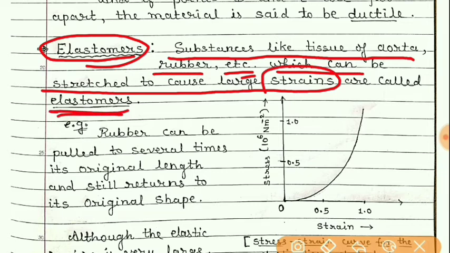Students, we know that a rubber can be stretched to increase its length on a very large scale, and even when the force is removed, it regains its original length. So such materials whose strain is very large, and which also regain their original dimensions after removing the forces, are known as elastomers.